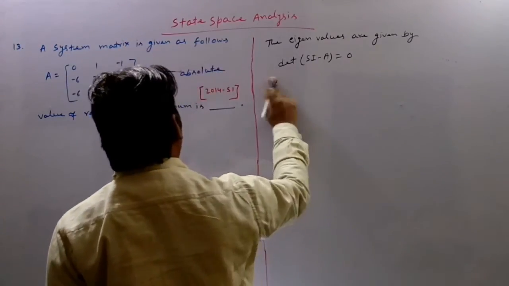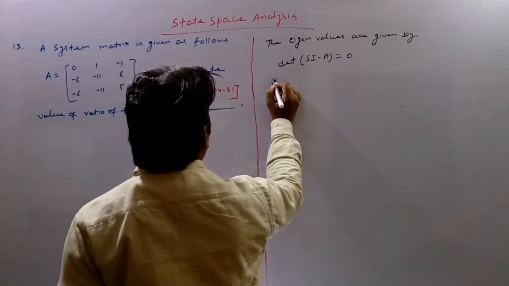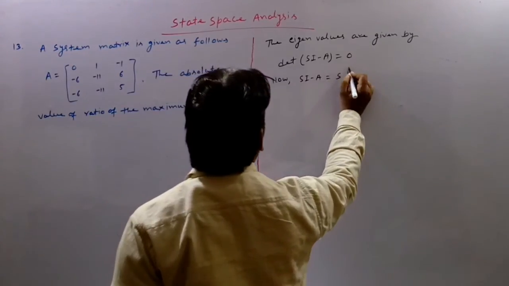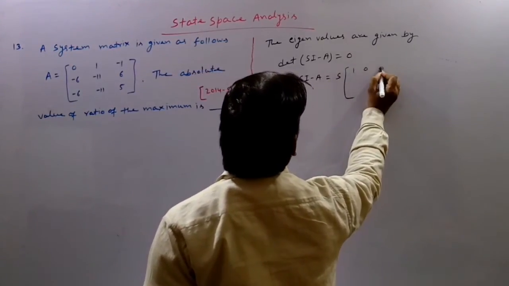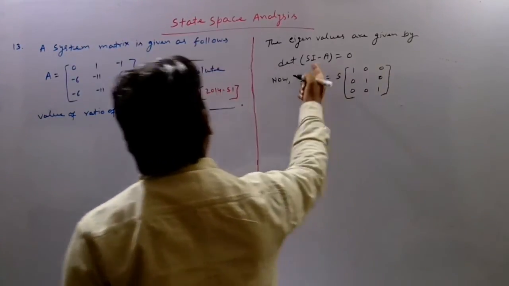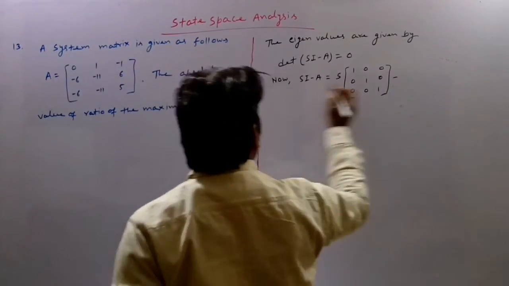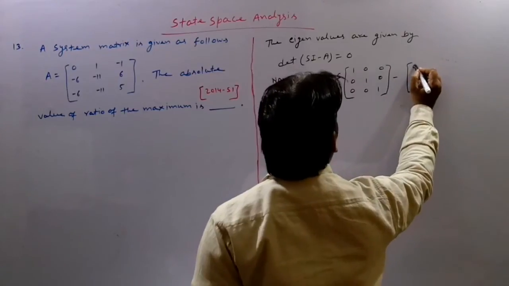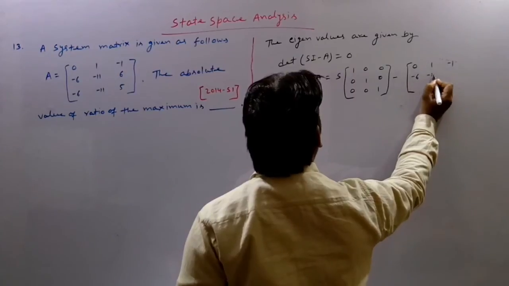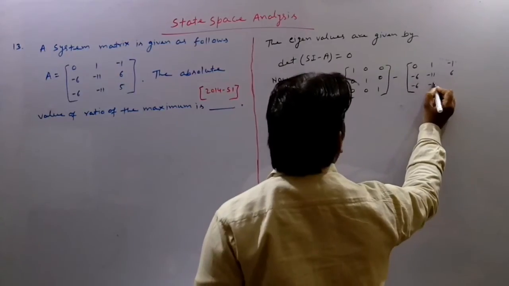Now we have to calculate the matrix sI minus A. Now sI minus A is nothing but s into [1 0 0; 0 1 0; 0 0 1], because this is the identity matrix of third order, minus A. What is A? A is nothing but [0 1 0; 0 0 1; -6 -11 -6].